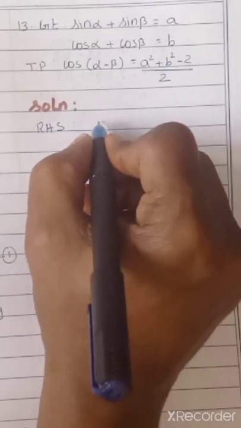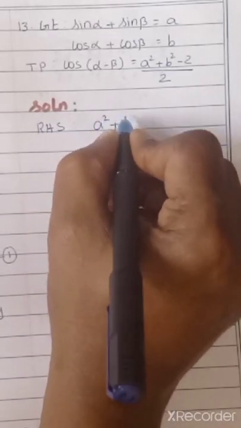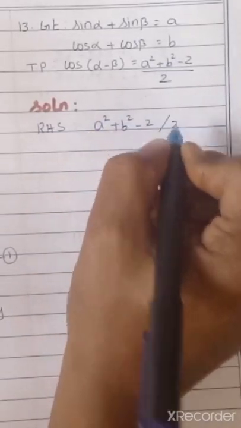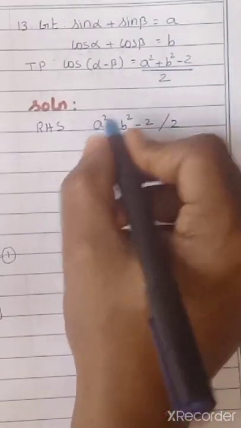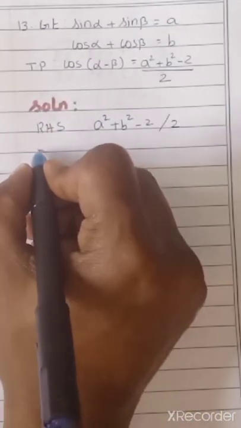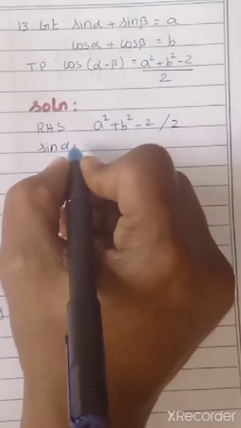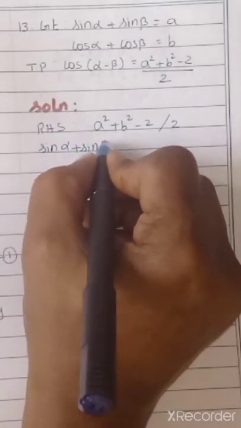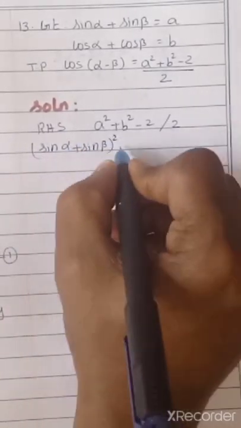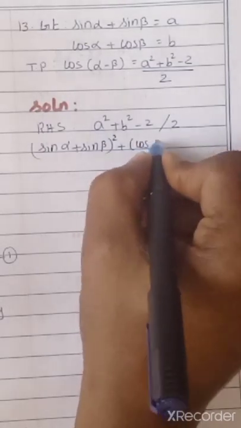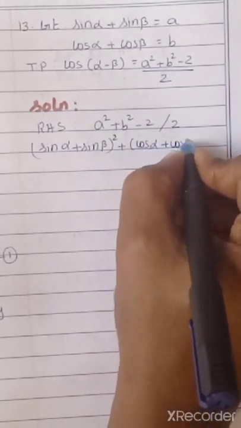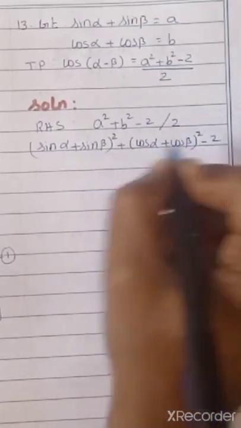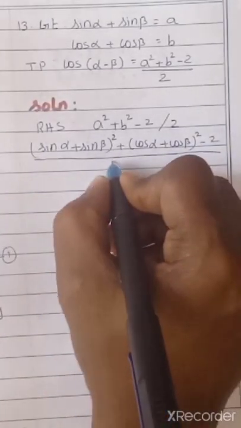Now we can take the right hand side here. What is the right hand side? A square plus B square minus 2 divided by 2. Now instead of A and B, we can write this: sin alpha plus sin beta the whole square plus cos alpha plus cos beta the whole square minus 2, divided by 2.